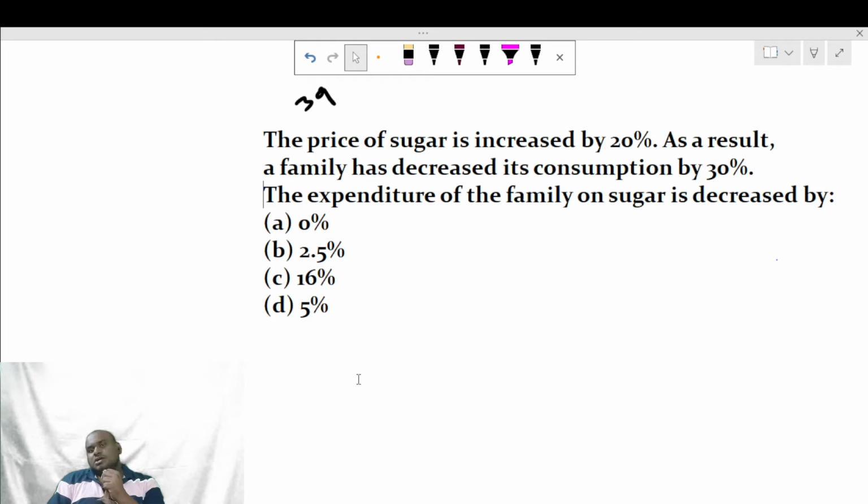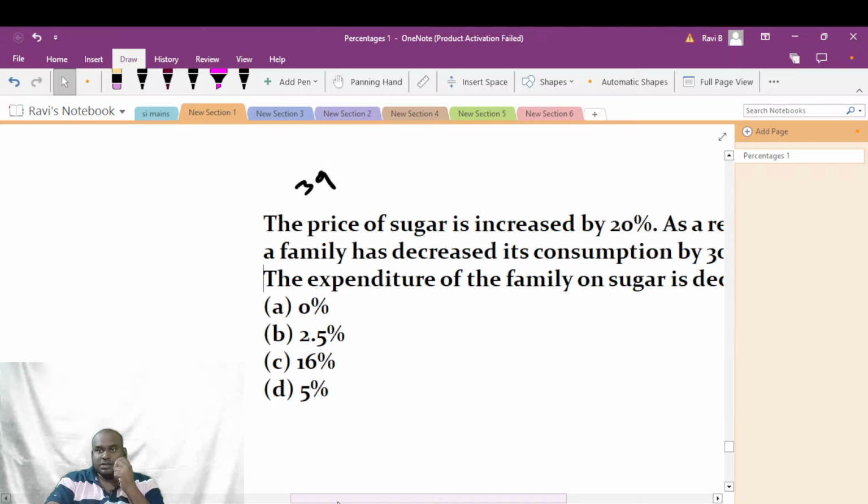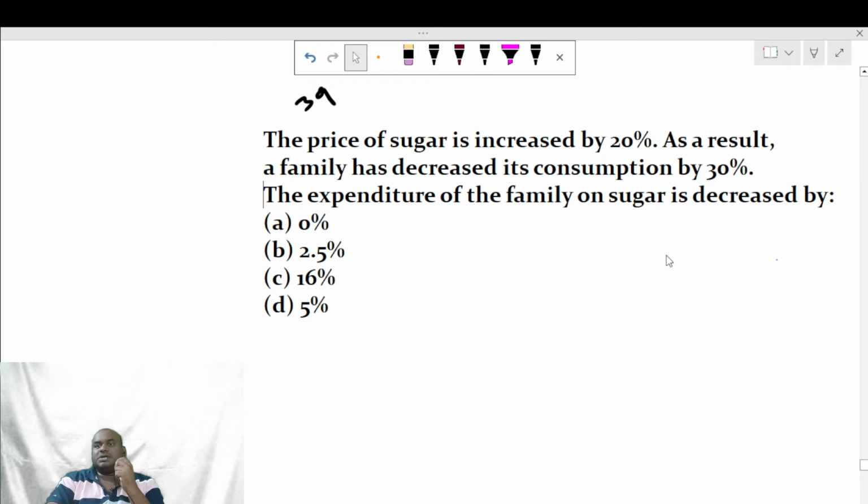Suppose 100 rupees was the cost of sugar. Now it is increased by 20%, its cost became 120 rupees. Because of that, the family has decreased their consumption by 30%.